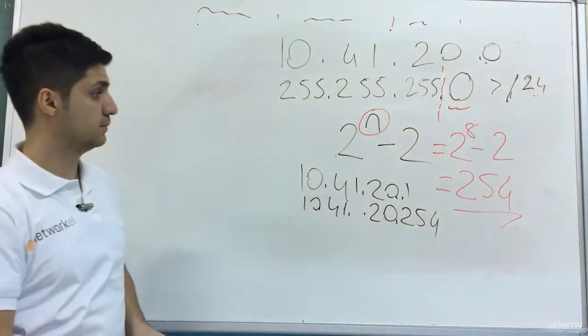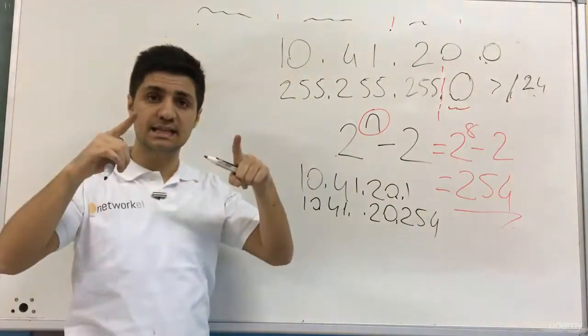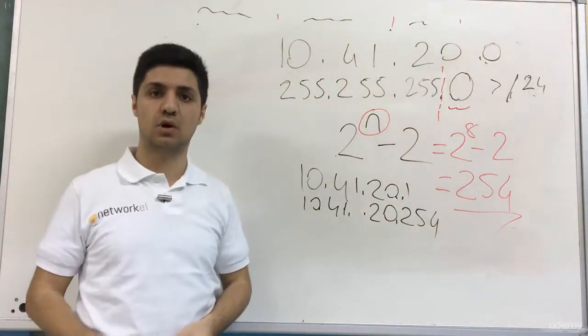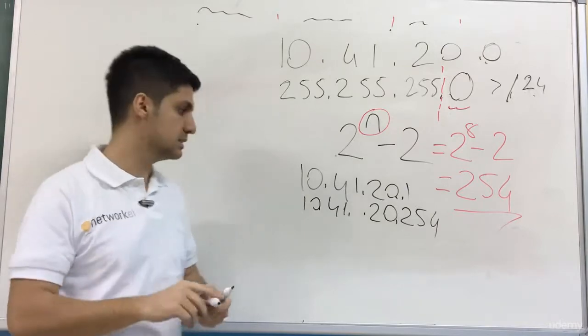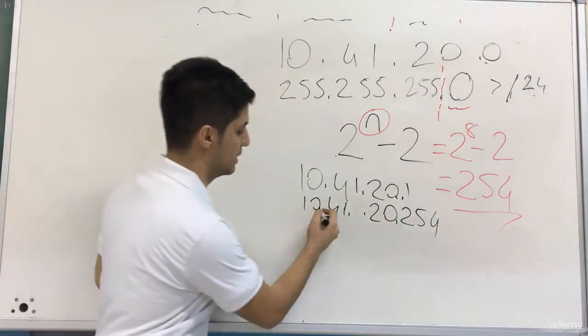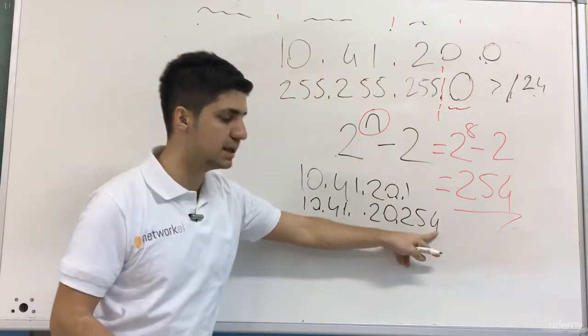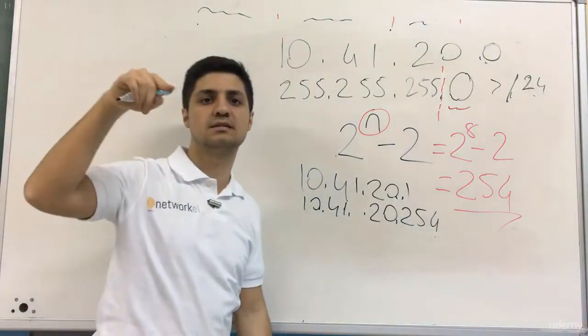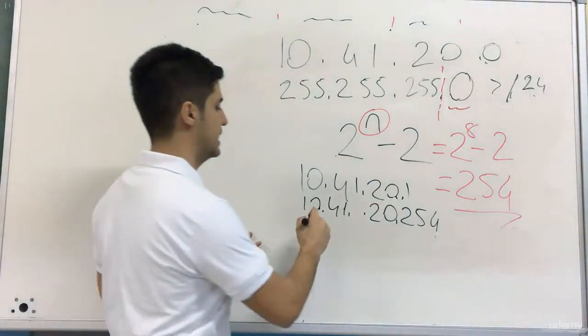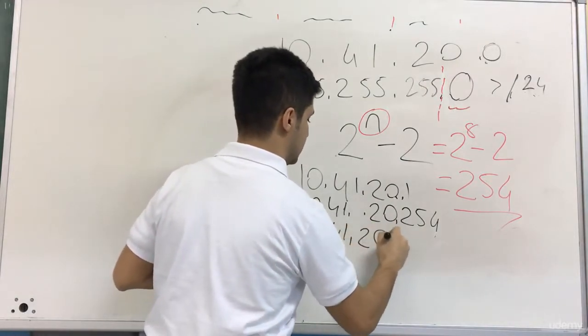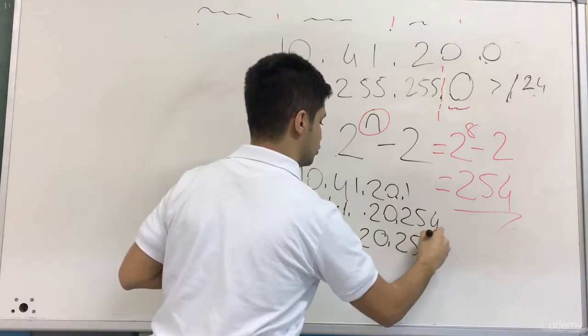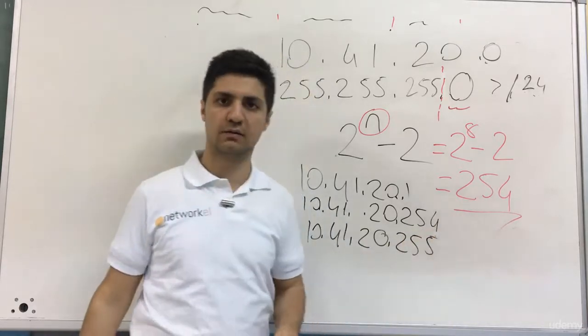All right, pretty cool. The last thing I'm going to talk about is the broadcast IP. To find the broadcast IP address, I'm incrementing the last IP address by 1. Okay, that means my broadcast will be 20.255.